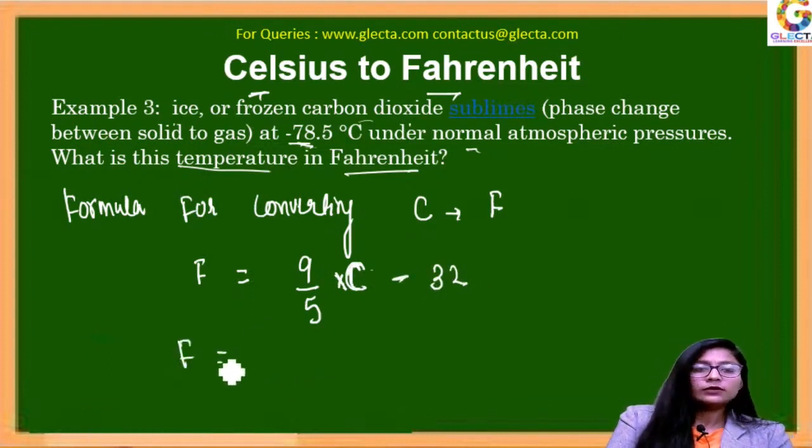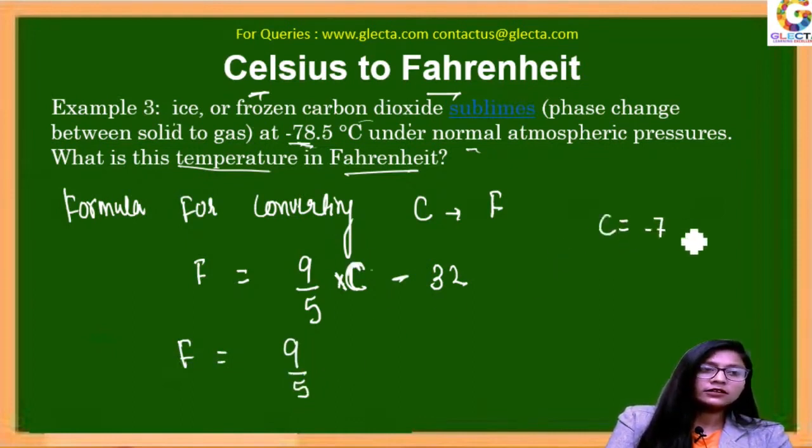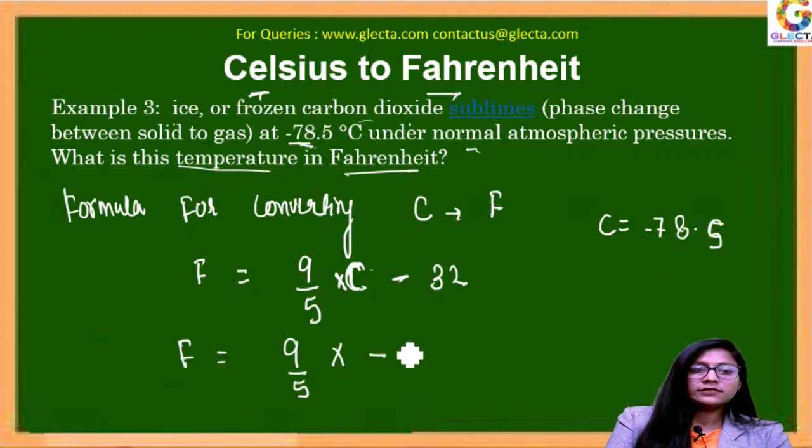So F would be equal to 9 by 5. In this case, C is equal to minus 78.5. So just put the value of C, minus 78.5, minus 32.